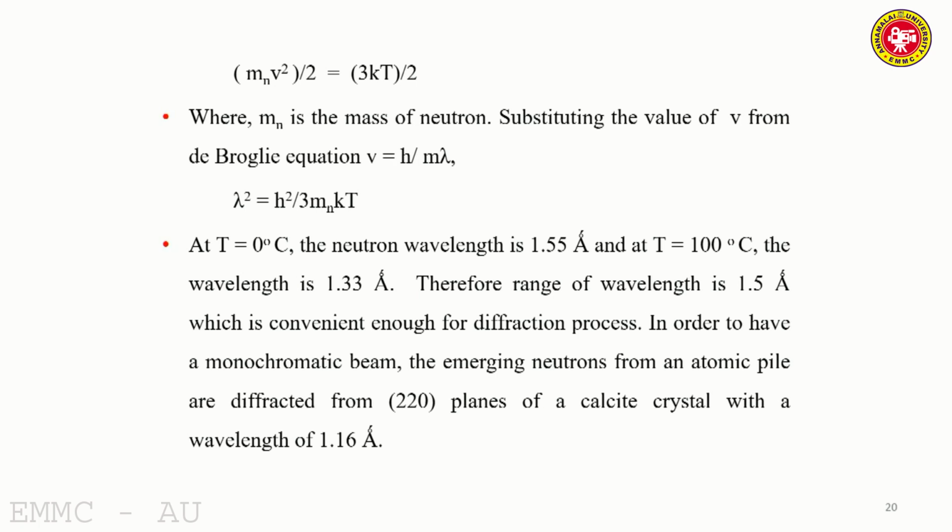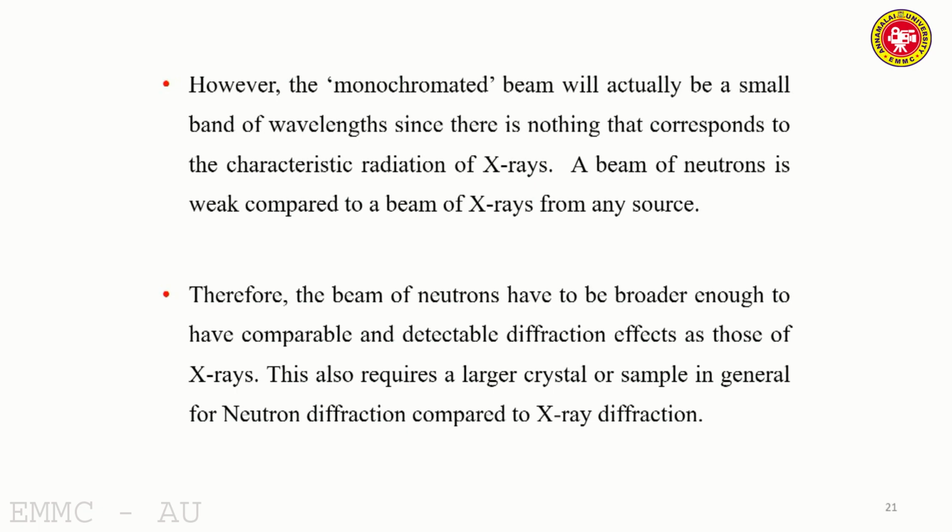In order to have a monochromatic beam, the emerging neutrons from an atomic pile are diffracted from 220 planes of a calcium crystal with a wavelength of 1.16 Angstrom. However, the monochromated beam will actually be a small band of wavelengths, since there is nothing that corresponds to the characteristic radiation of X-rays.